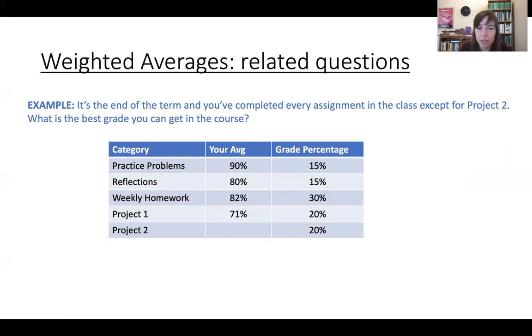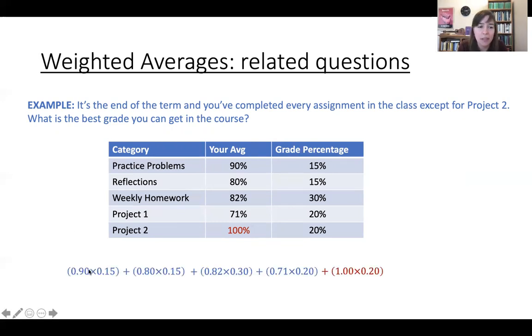To answer that question, you'd use the same technique as the previous problem, except you just assume that for project 2, you're getting 100%. You say, all right, if you get 100% on project 2, what would your grade be? And then you calculate your grade the same way as before. You have that 90% of 15%, 80% of 15%, 82% of 30%, 71% of 20%.